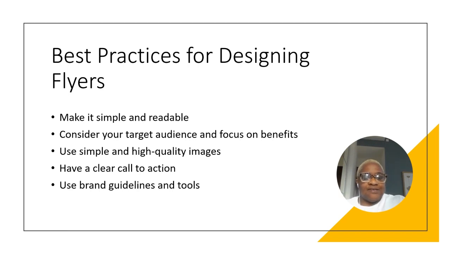Okay, so the last one is use brand guidelines and tools. That's basically if it's a business and you have, for example, specific colors that are your brand, then you incorporate those in the flyer so that it keeps consistency with your brand. And if you have your logo, that's one of the tools you can put on. So these are just some best practices for you to consider when designing for the project.